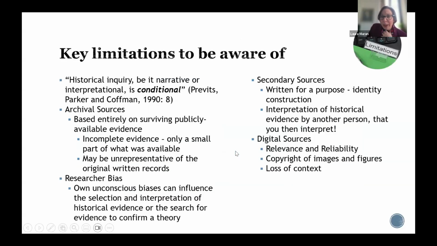Now, key limitations to be aware of when publishing in the accounting history field. As Previts, Parker, and Coffman in 1990 wrote, historical inquiry, be it narrative or interpretational, is conditional. Conditional to the conceptual framing and to the biases that any researcher brings into that.